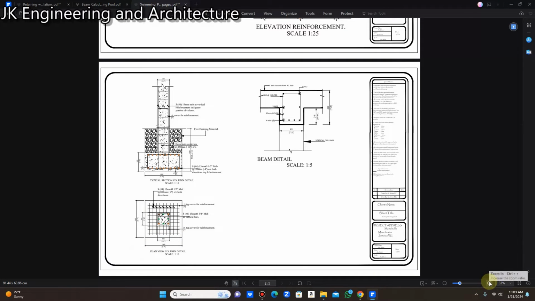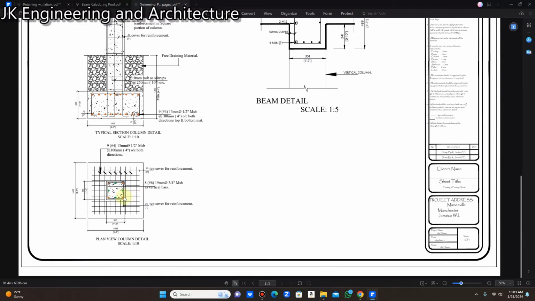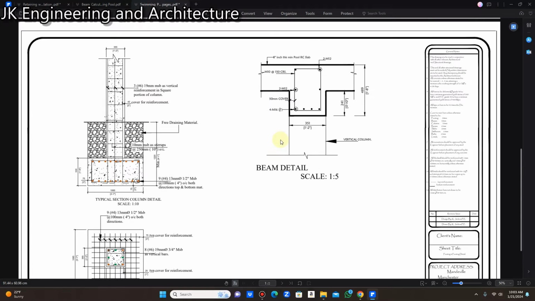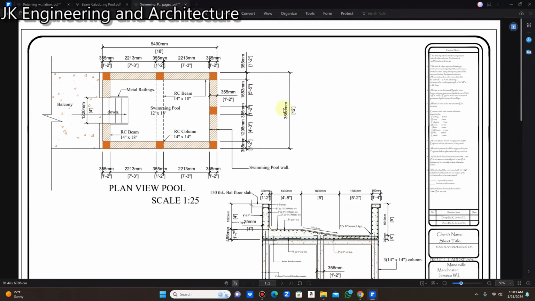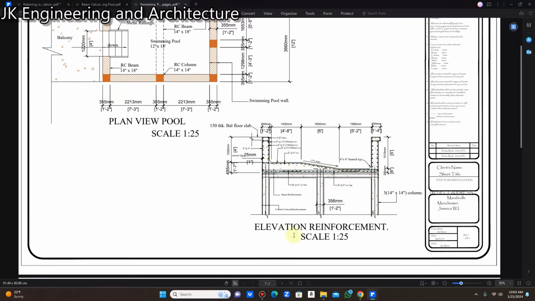If you observe, it is 1, 2, 3, 3 and 3, 6 and 2, so it's 8 number 6 bars, 8 3/4 inch bars. That's a pretty heavy reinforcement there to withstand the pool. I went a little bit over on the design here, just to ensure that the members can withstand the weight of the water in the pool. All right, so that's for that.